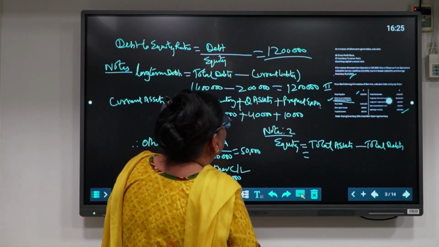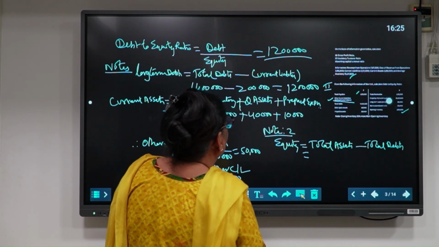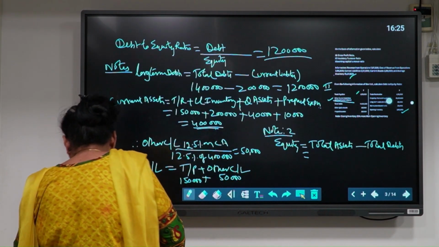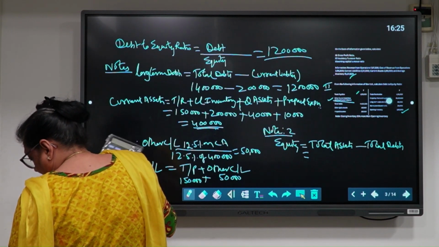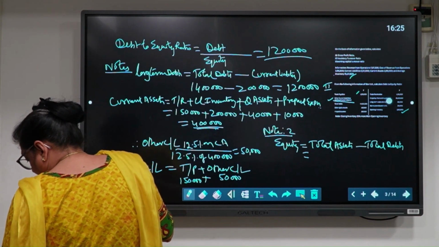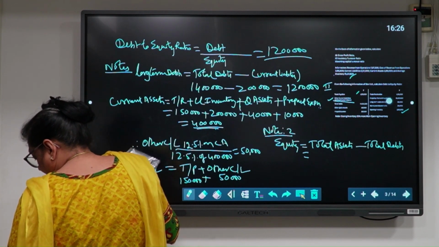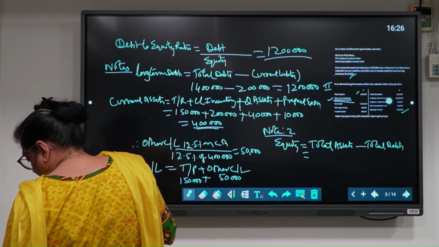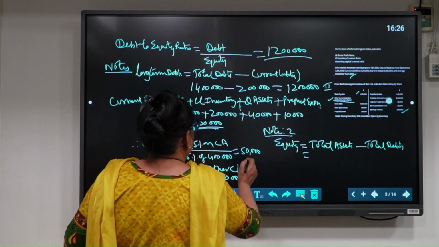Wait, I'll total and see. So total asset: non-current asset, net asset, long-term loans and advances, non-current investment, current asset, all together will come. So you take total assets.